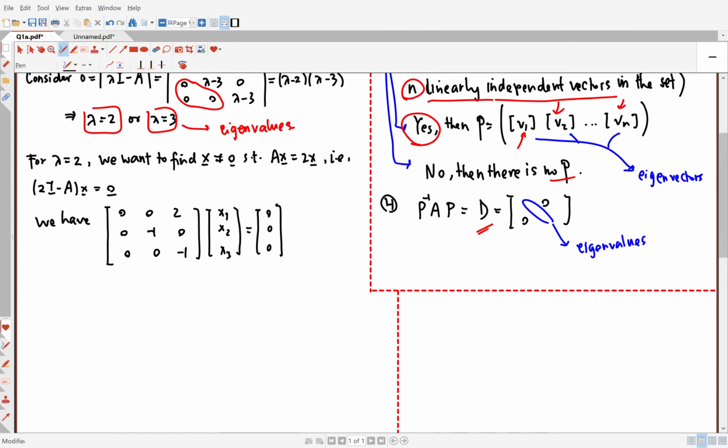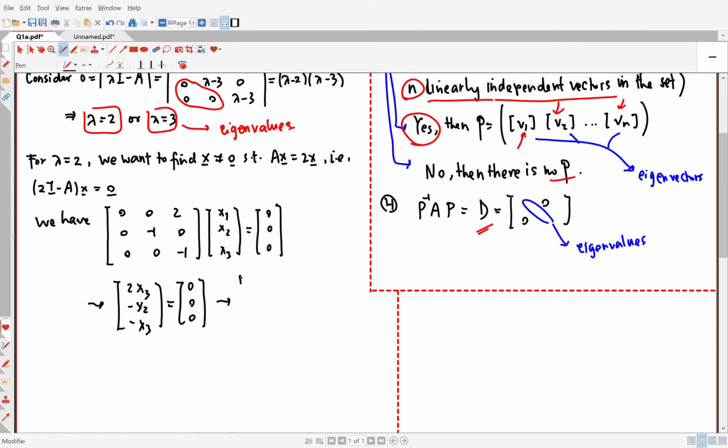You can make this into augmented form and row reduce it to echelon form, but I think this is simple enough to do manually, and it might be faster. You see here, the first element will be 2x3, the second element will be minus x2, the third element will be minus x3, equal to 0, 0, 0.